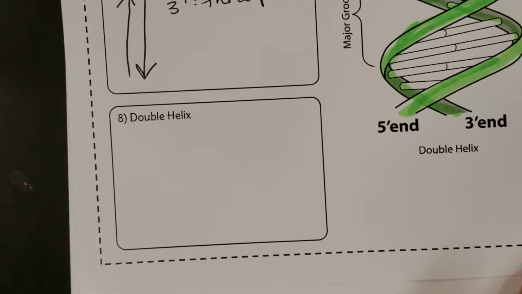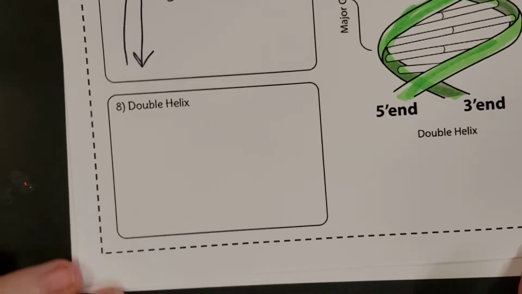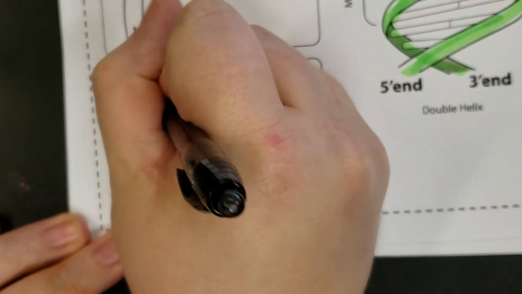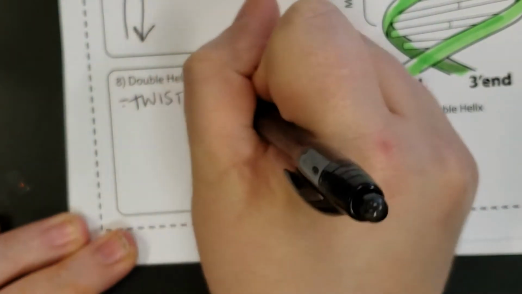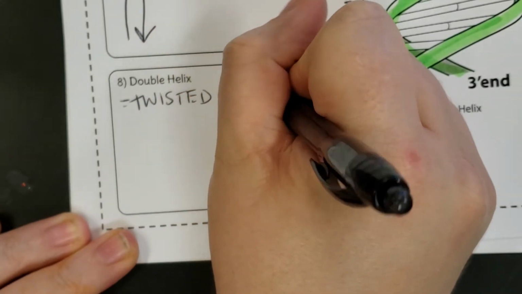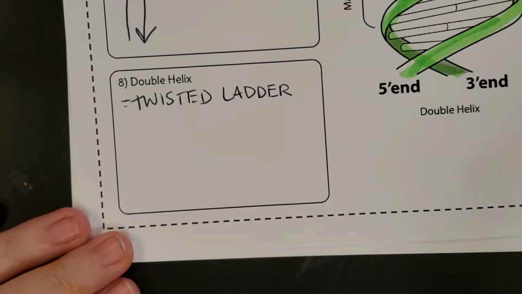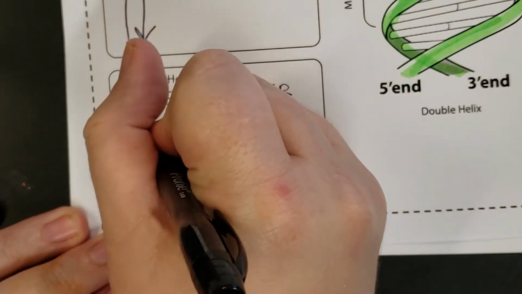Okay, then this last part down here is the double helix, which is the actual shape of the DNA. This is what we call the twisted ladder. So if you took a ladder like you would climb on and twisted it, that would be like a DNA shape. DNA is double-stranded.